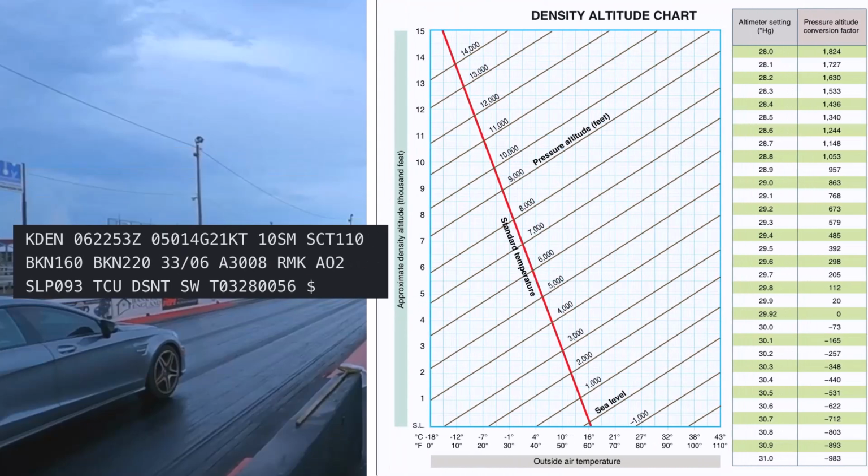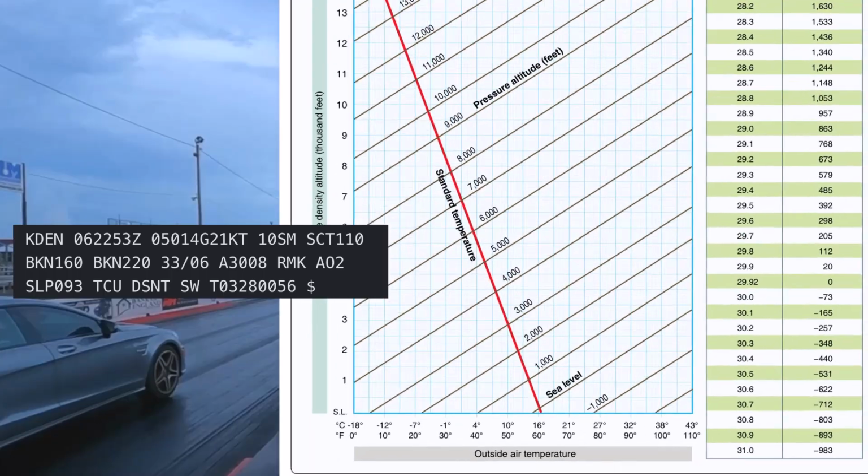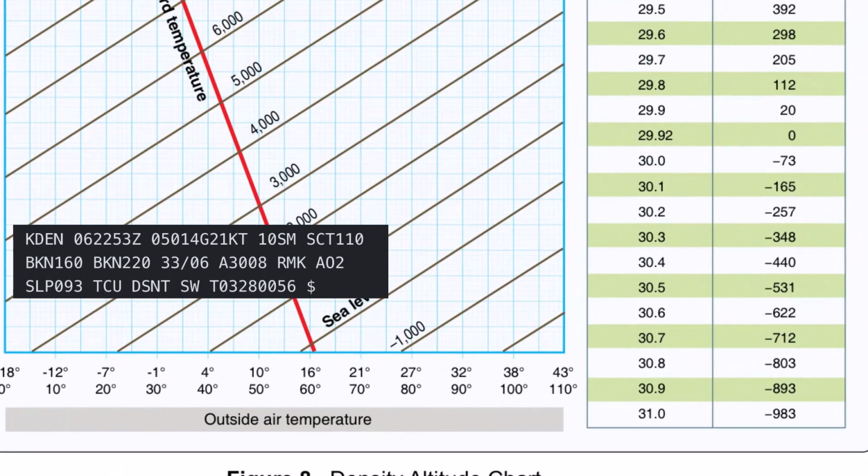First thing we're going to do is go to the right side of the chart and see how our 30.08 barometric pressure affects our pressure altitude. Here it shows if we need to add or subtract from the field elevation. Remember how I added the words or below to the definition of pressure altitude? If we use 30.08, we can see this falls between 30.00 and 30.10.